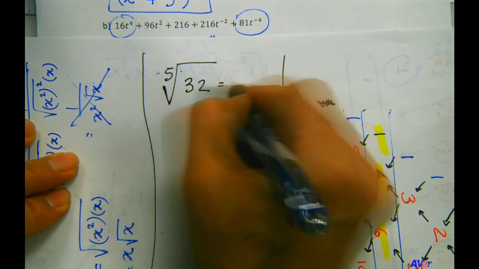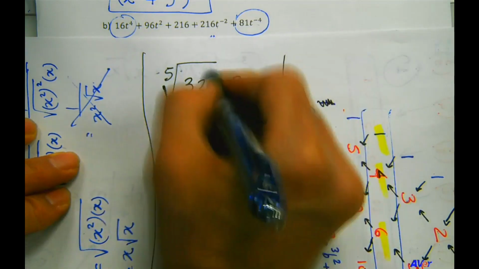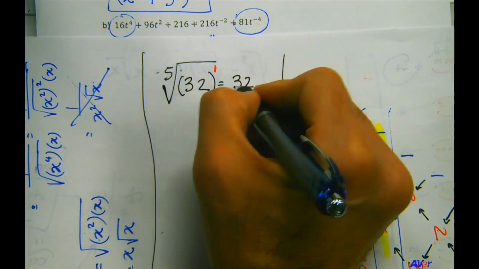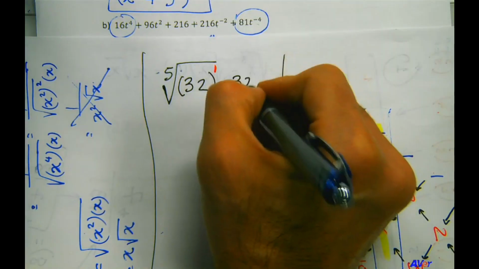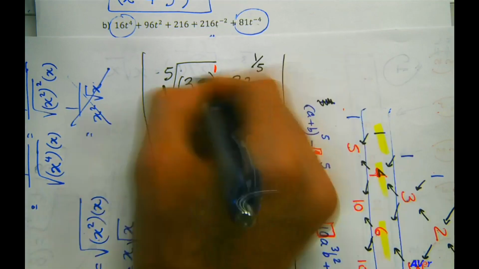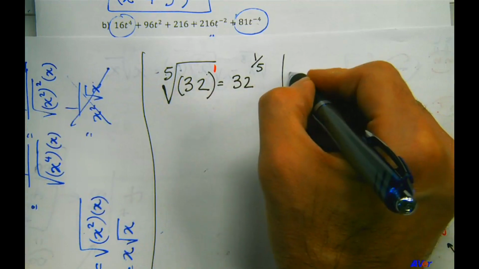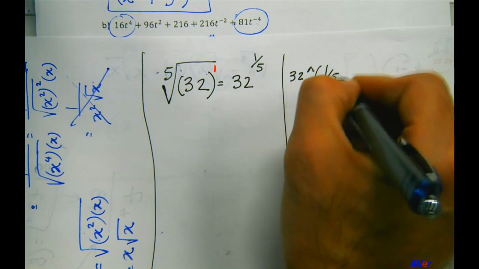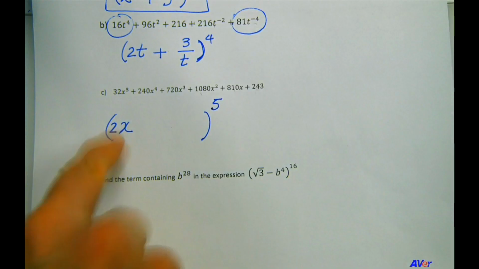Well, you can rewrite this with a rational exponent, right? 32 can be written as, what is the power on the inside? The power on the inside is 1. So you can rewrite this radical expression as a number with a rational exponent, 32 to 1 over 5 power. So that's why in my calculator you saw me do 32 caret, which means raised to power 1 over 5. That's how I was able to get the 2, which appeared here.